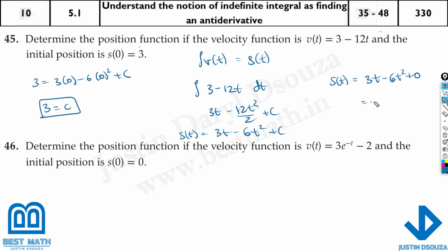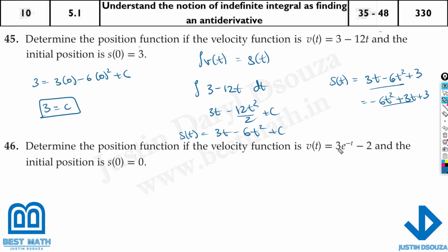Or in your options, it can also be minus 6t squared plus 3t plus 3. Oh sorry, I wrote 0, it's 3. It is 3 in both. The constant of integration is 3.